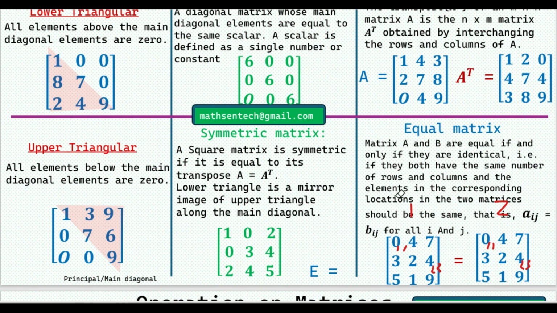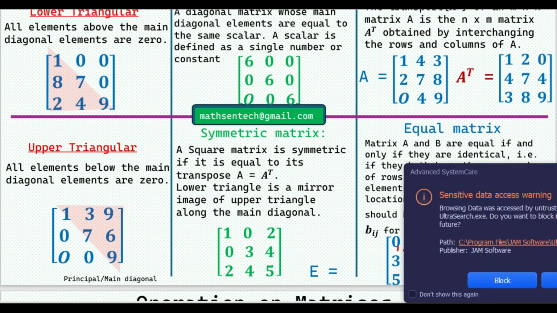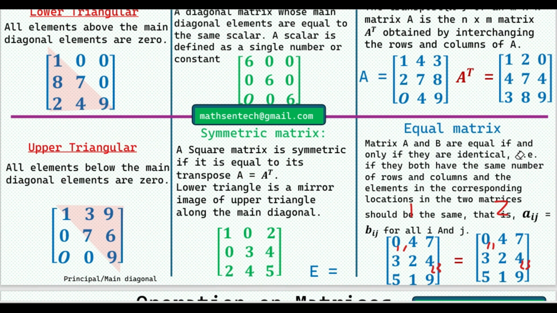Again, it's very important for you to see that the elements in the corresponding locations must be the same. So what do we mean? We have already looked at the corresponding locations here.